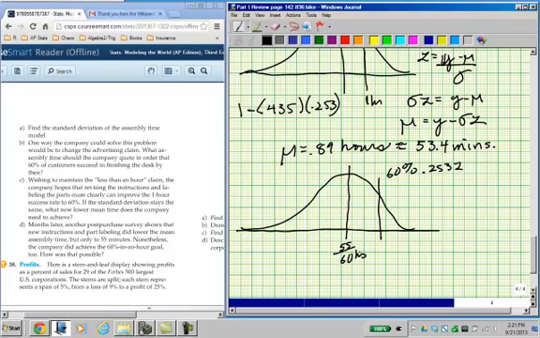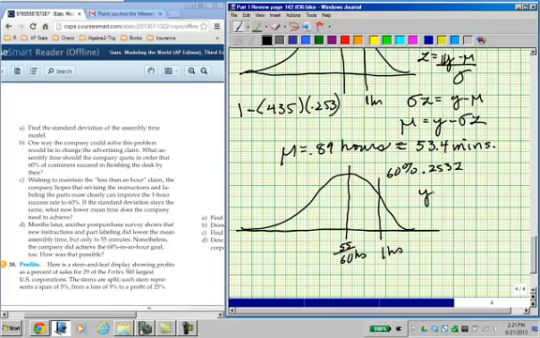Then the standard deviation would have to get smaller, so that there are 0.253 standard deviations between 55 minutes and 1 hour. So sigma would have to get smaller.